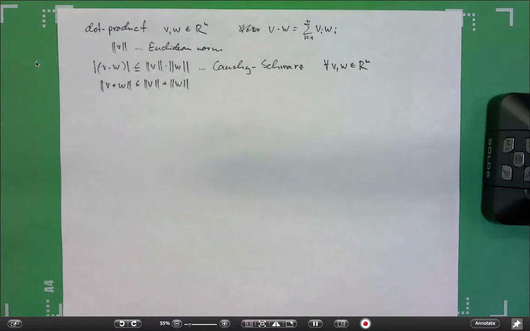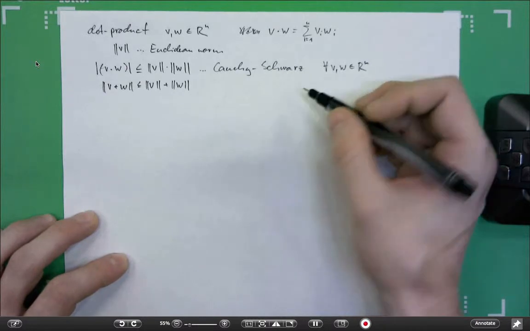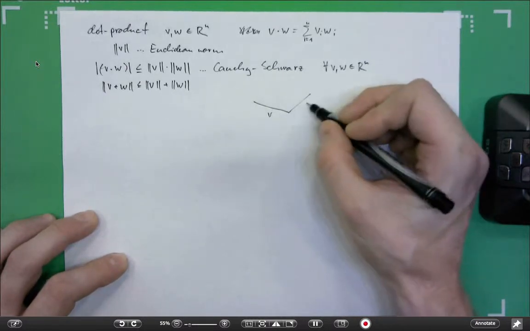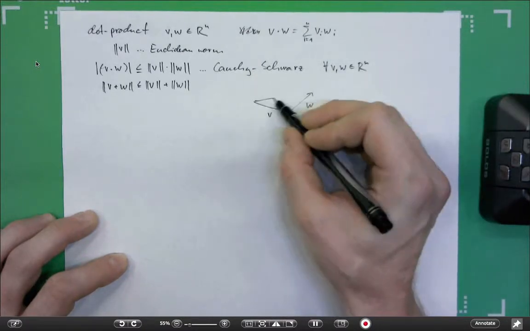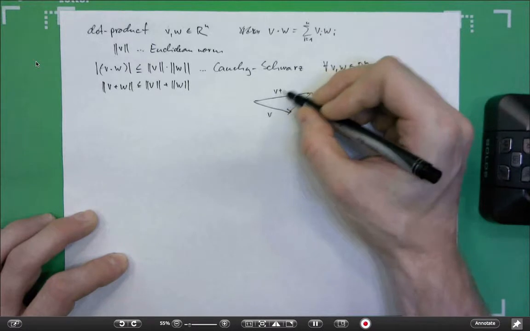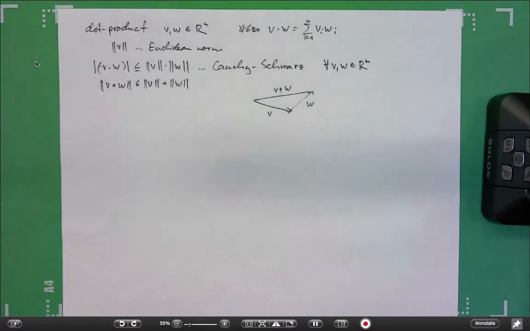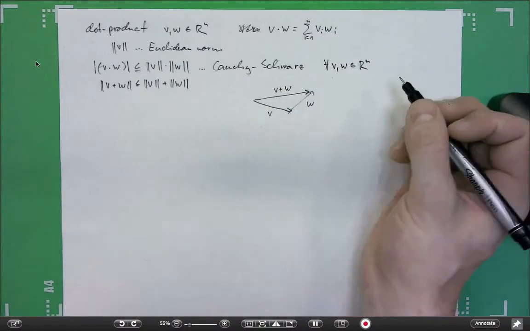And again, you can have an easy geometric intuition behind it. If I have one side which is a vector v, another side which is vector w, then the other side is just v plus w. That's how vector addition works, right? If you add the components, it's just like adding these two arrows together. So v plus w is this one arrow.